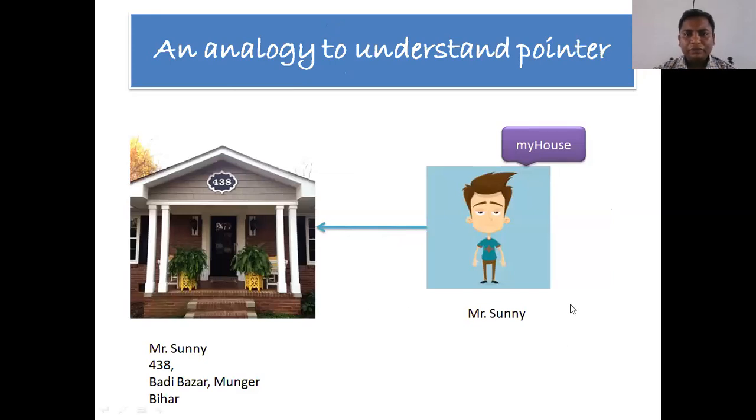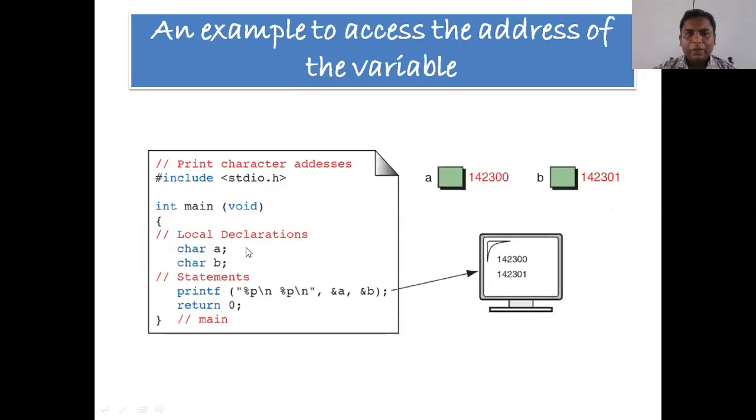Now let us take one more example. Here, I have declared two character variables, char A and char B. And we are trying to find out the address of the variables A and B. In order to find out the address of the variables A and B, what operator will we be using?